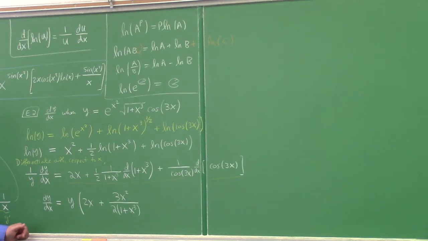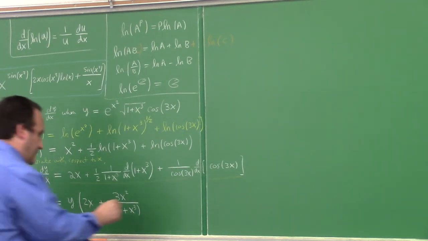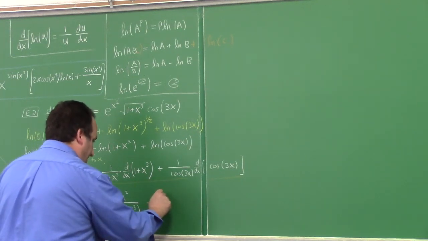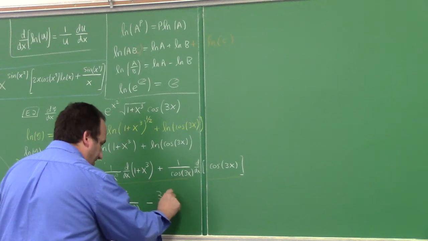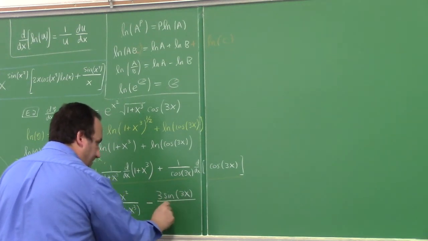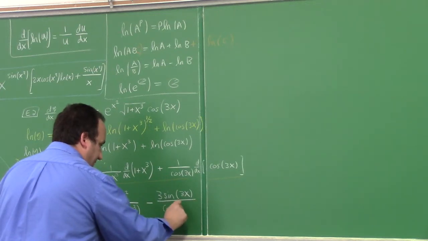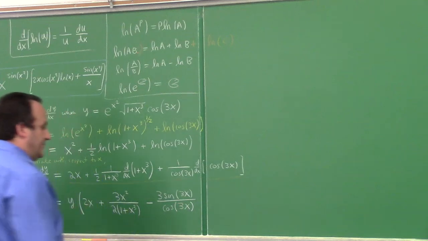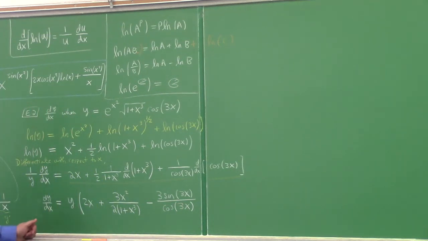And what's the derivative of cosine of 3x? Negative 3 sine 3x, right? Where'd that 3 come from? The chain rule, right? Just like that problem on the quiz, problem 1 or problem 2, same problem.